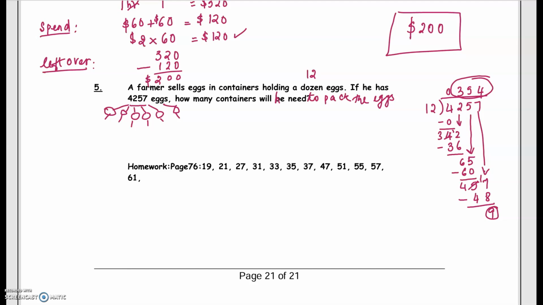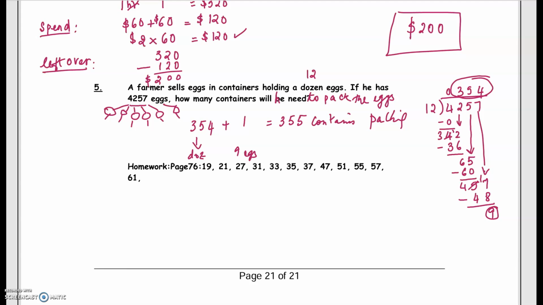In order to pack the eggs, we need 354 containers that will all contain a complete dozen, 12 eggs, plus we need one more container to pack the 9 eggs. So we need a total of 355 containers to pack the eggs, even though the last container contains only 9 eggs.